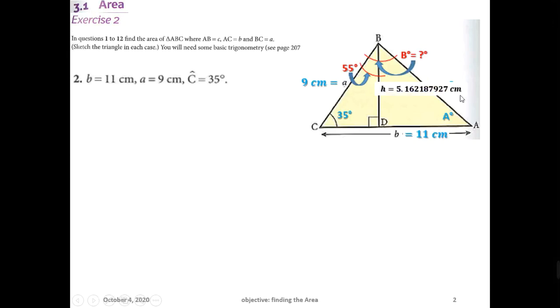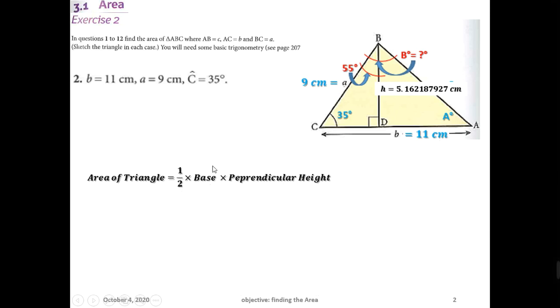So now we have this triangle. We found in the previous step H, which is side BD. The base is known, which is side CA, and the general formula of finding the area of any triangle is half times base times the perpendicular height on the base.